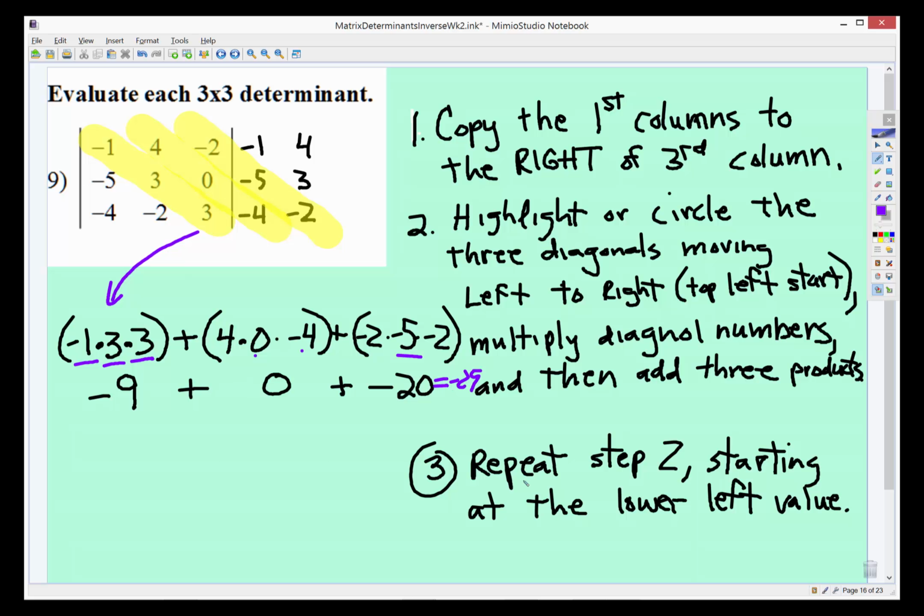And then we're going to repeat the step, starting at the lower left value. So we're going to find these 3 diagonals, multiply those 3 values, multiply those 3 values, multiply those 3 values, and then when you get the answers, you're going to add the 3 answers together.